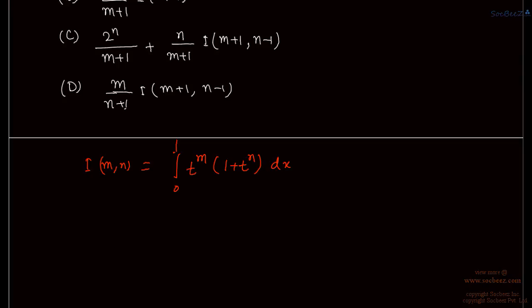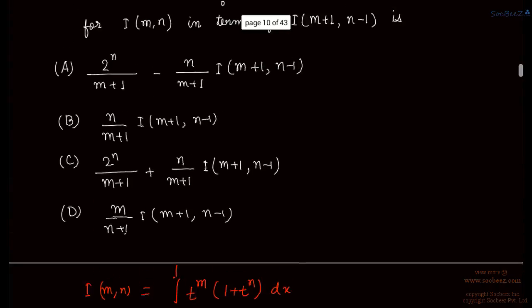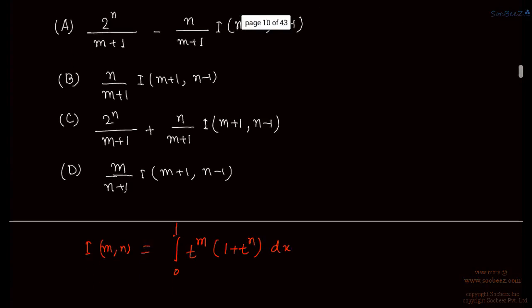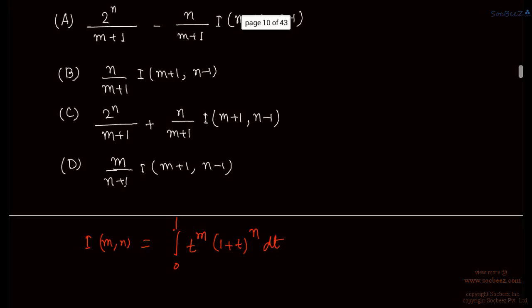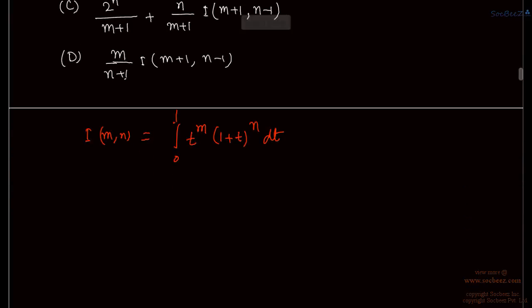So it is 1 plus t to the power n dt. This can be written by taking integration by parts.